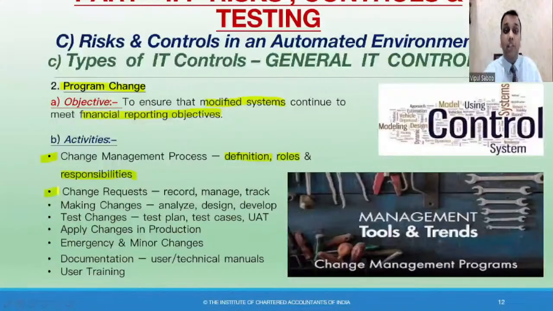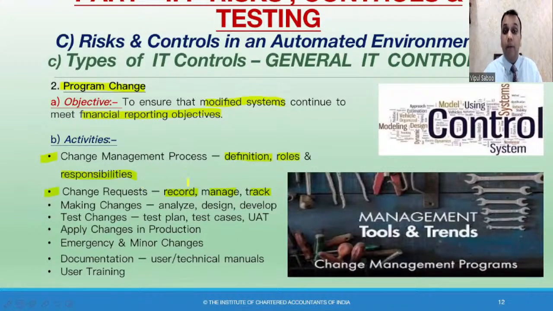Such change requests have been properly recorded, managed, a track kept for such changes. If there is a request of change, the software, the system needs a change, a request for modification in the program, in the system software, is made by the person working on that system.